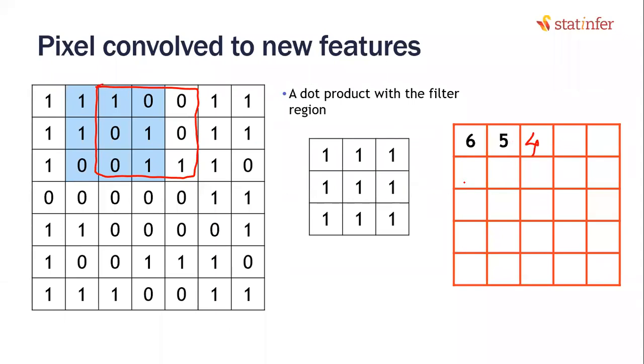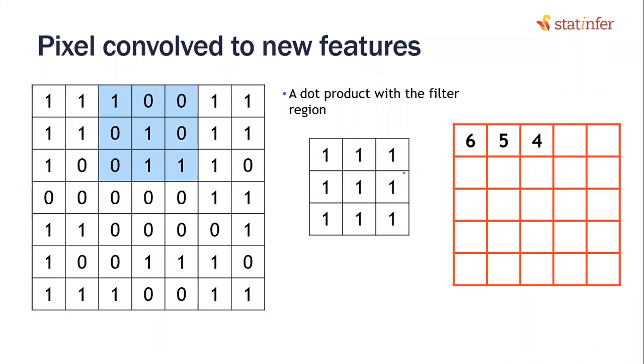What will be the number here? For this, I have to move it slightly lower and then get the number. Is this 3? This is 3.